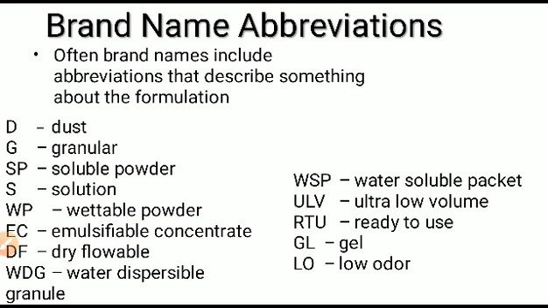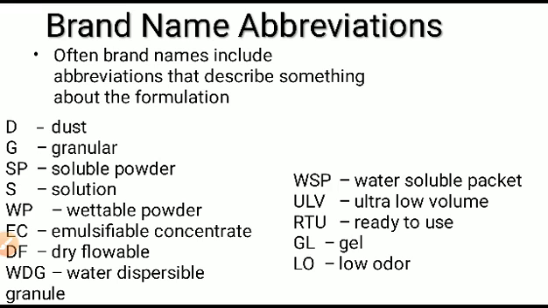Here, there are some brand name abbreviations. Often, the brand names include abbreviations that describe something about the formulation. That means, whenever you take a pesticide, it has some symbol, and you must know the meaning of that symbol for the formulation.